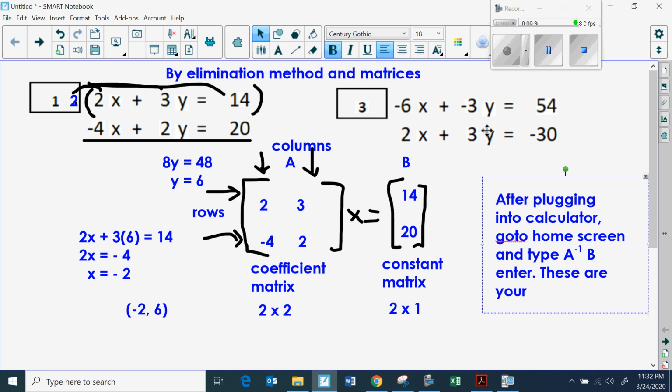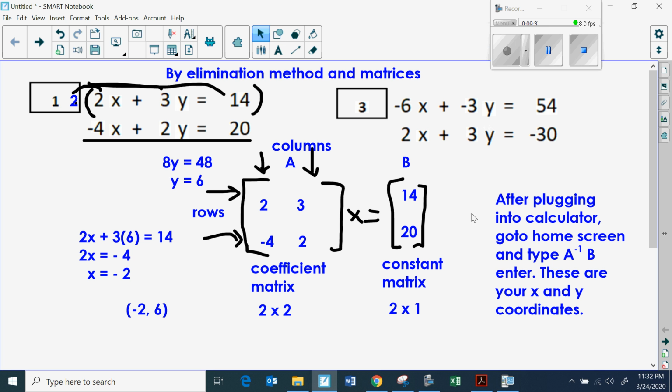These are your x and y coordinates. So the calculator does it all for you. Now you're going to watch me plug in A and B. You'll see how to do this again. Then we'll go back to the home screen and type in A inverse B, and it'll kick out our answers right there, and we're going to get this exact same answer over here of negative 2, 6, if we plug it in right and type A inverse B correctly on the screen.